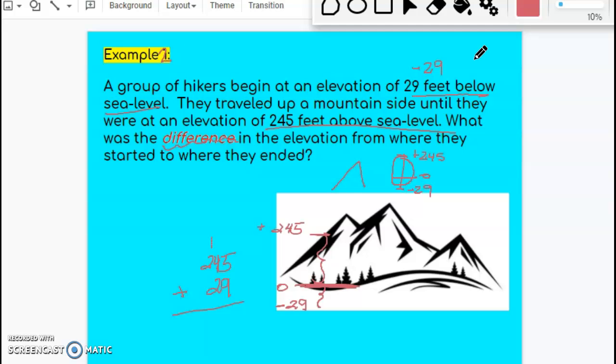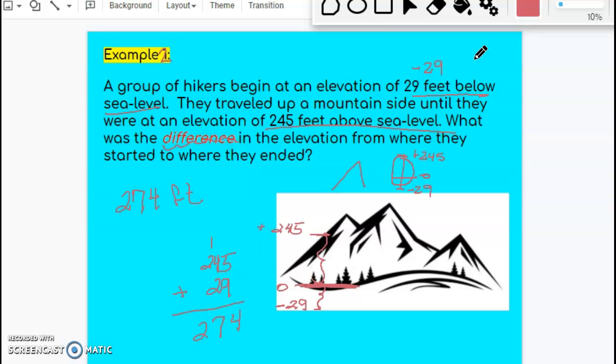So we're going to get 14. And then 4 and 2 is 6, plus 1 is 7. Did I do this right? Yep, and then we have 2. So our answer is 274 feet, right? Because we want to know what is the difference in the elevation from where they started to where they ended. Well, if they started here and they ended here, they climbed 274 feet.